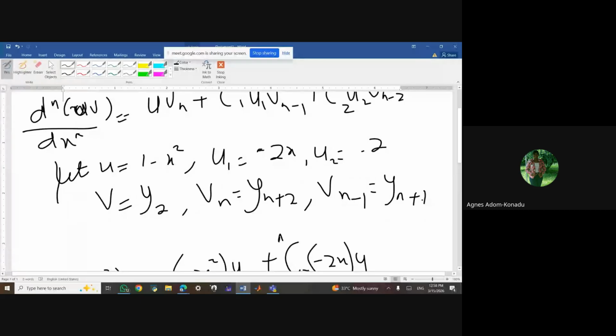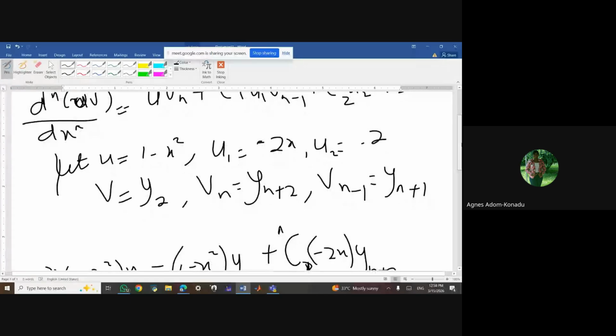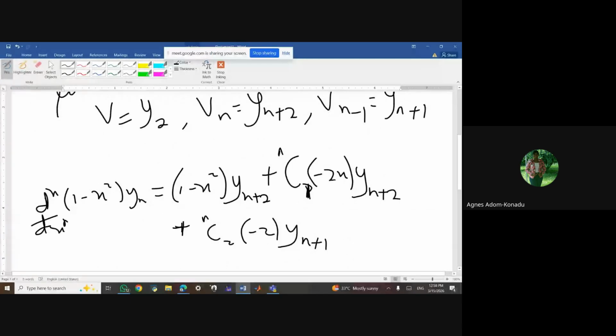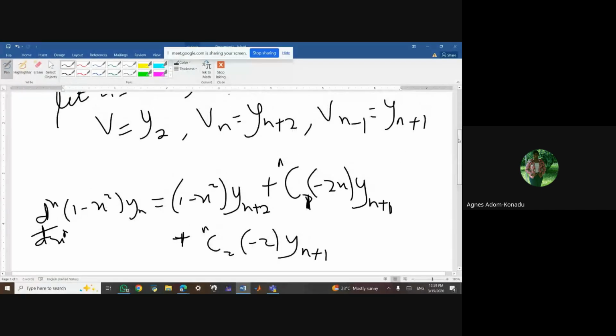So I'll substitute. I'll have n combination 1, the first differential of U, which is minus 2x, and then the n minus 1 differential of V, which is y subscript n plus 1. I go to the formula again.